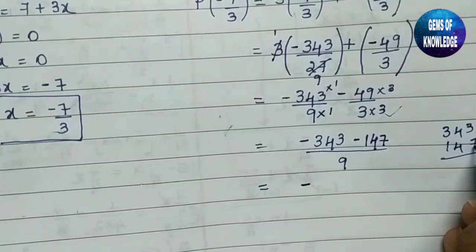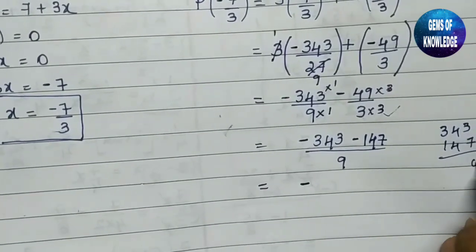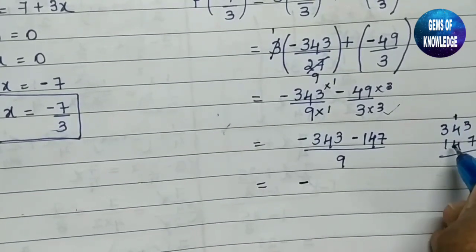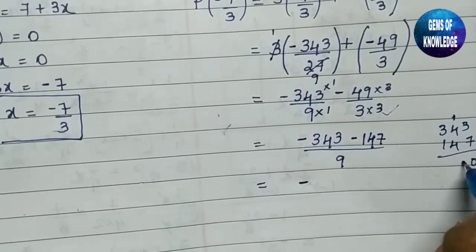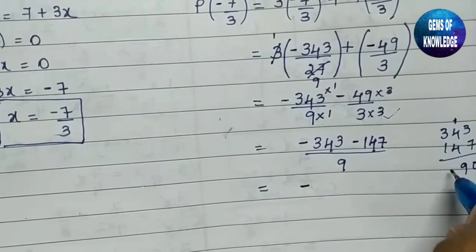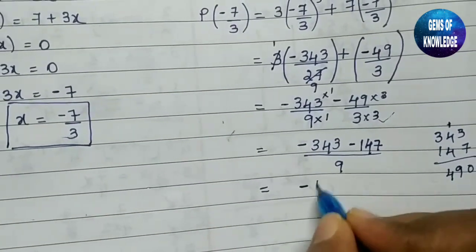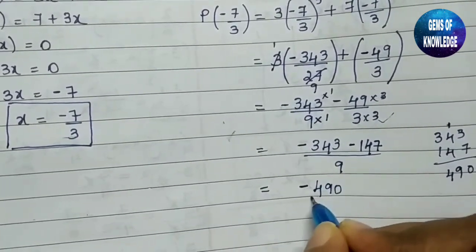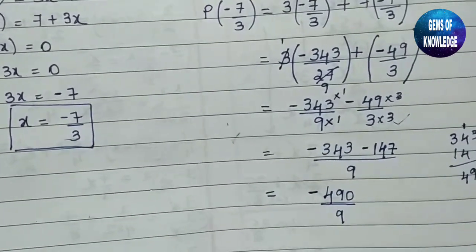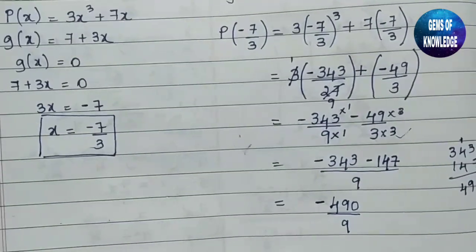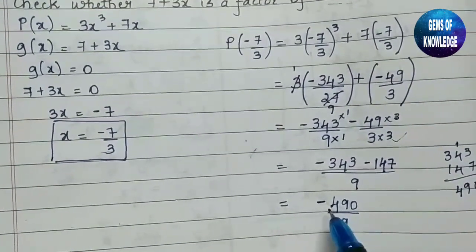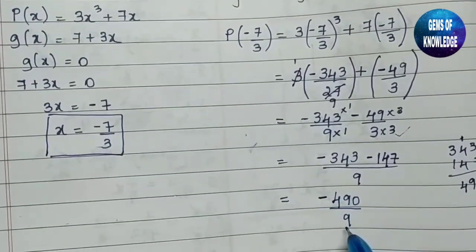So 343 should be added to 147. So here we are getting 3 plus 7 is 10, 0 and 1 will be carried, 4 plus 4 is 8, plus 1 will be 9, and 3 plus 1 is 4. So we are getting the answer as minus 490 divided by 9.